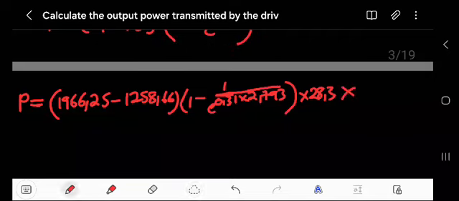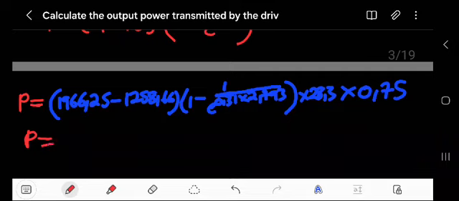As you have seen, this is same as 0.75. Then now it's a matter of pressing the calculator there. Then the output power that we'll have will be 15 times 10 to the power of 3 watts.